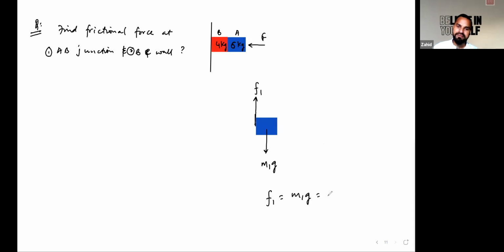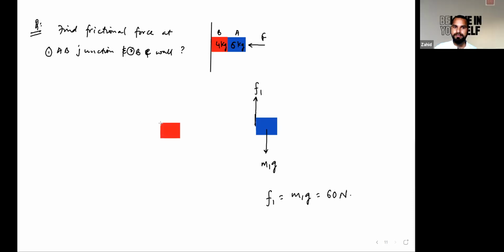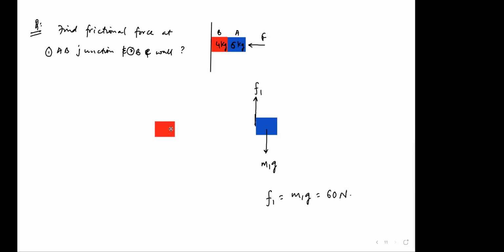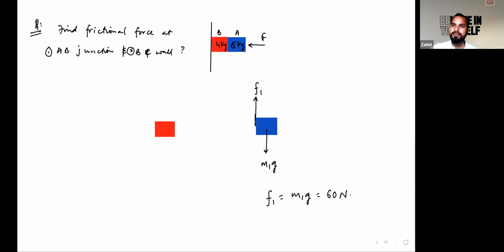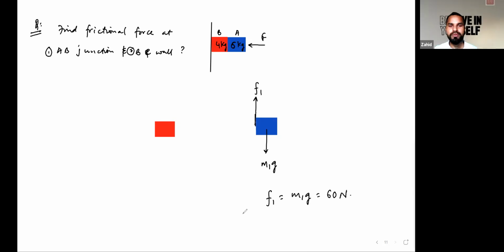M1 is 6 and gravity is 10, so it will be 60 Newton. Is it clear? Yes, sir. Hiba, is it clear? Yes, sir. Khalid, any doubt? No, sir. Sorry, I had net problems. Okay, no problem.